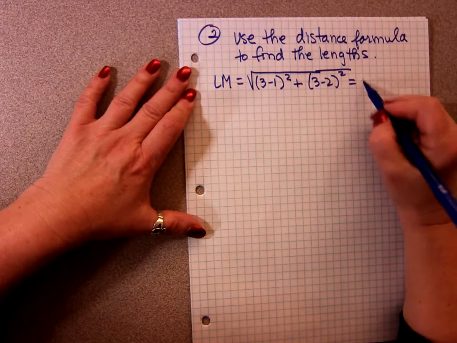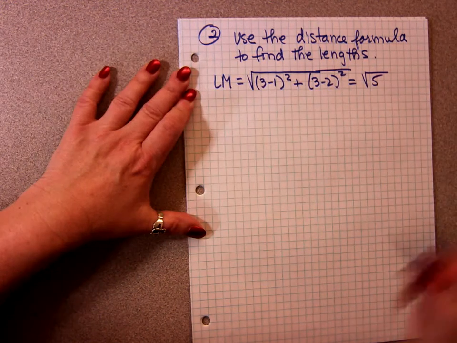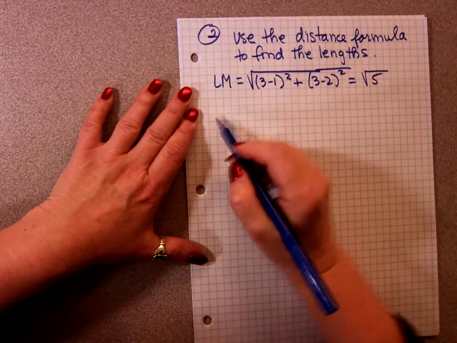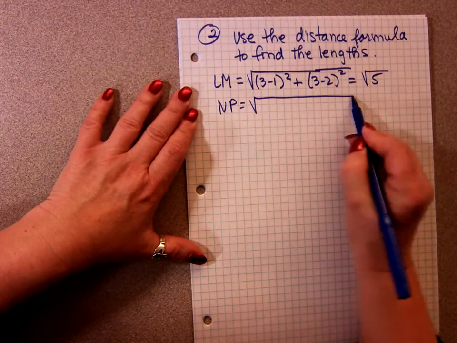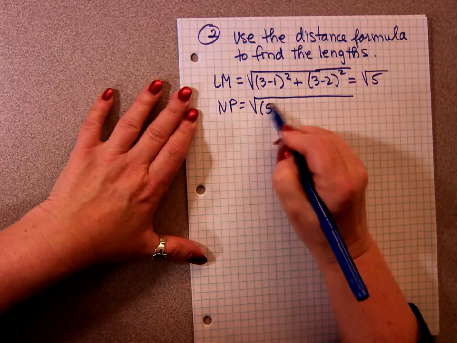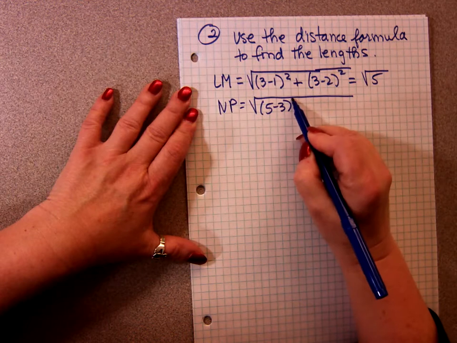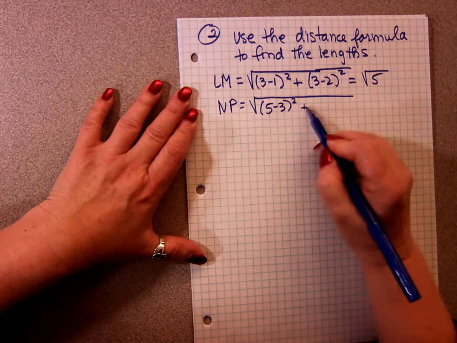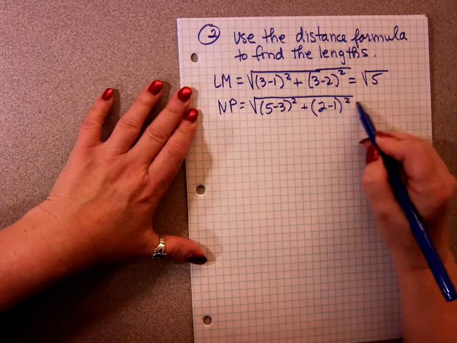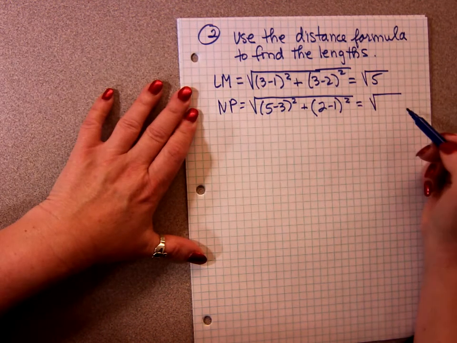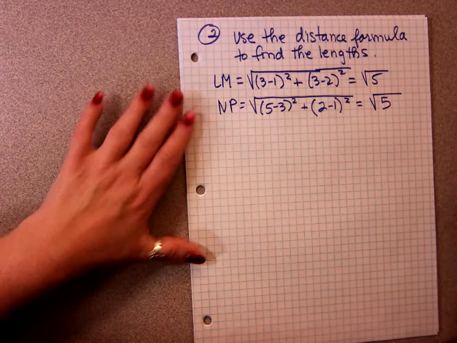And that is the square root of 5. And NP is the square root of 5 minus 3 squared plus 2 minus 1 squared, and it's also equal to the square root of 5.